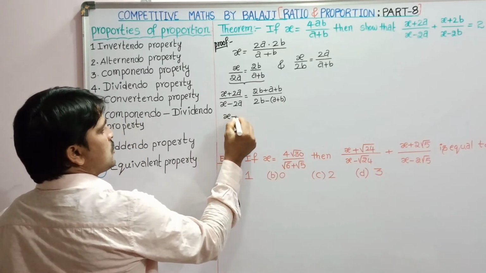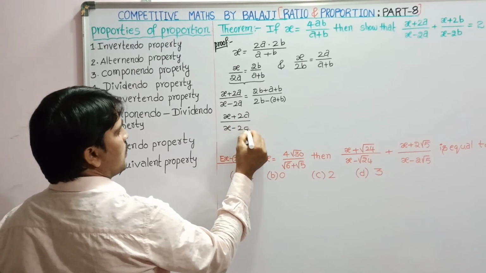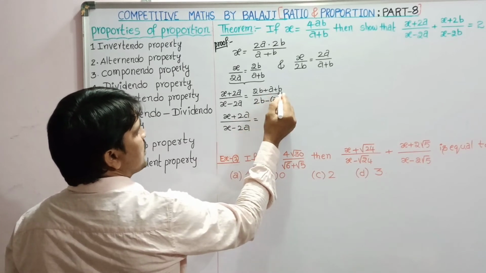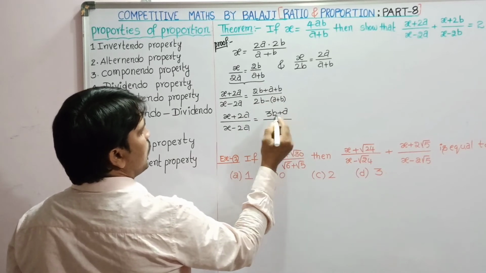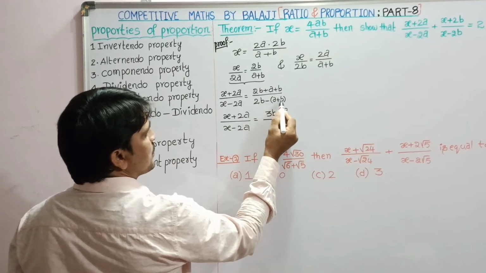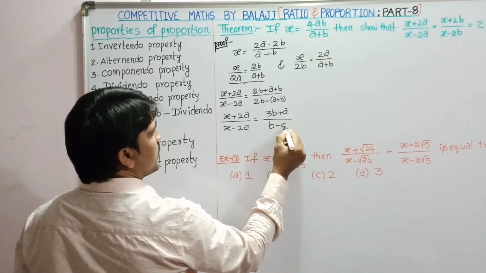That is, x plus 2a by x minus 2a equals 3b plus a by 2b minus b, that is b, minus a, which is b minus a.